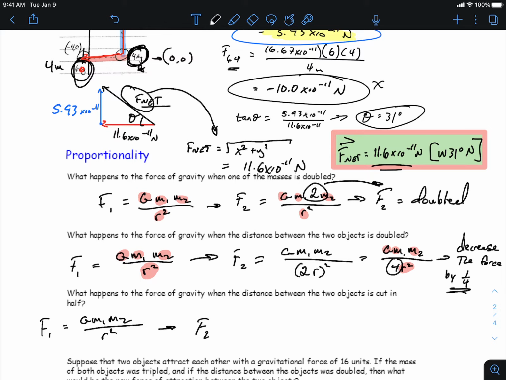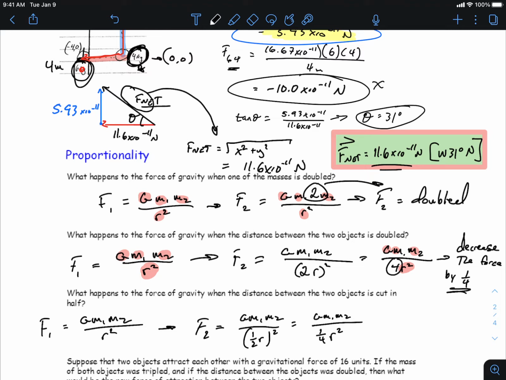What's the new force going to look like? Well, we're going to see G m1 m2 over 1/2 r squared. Same thing. We're going to see G m1 m2 divided by, now what's going to happen? We'll get 1 over 4 r squared.